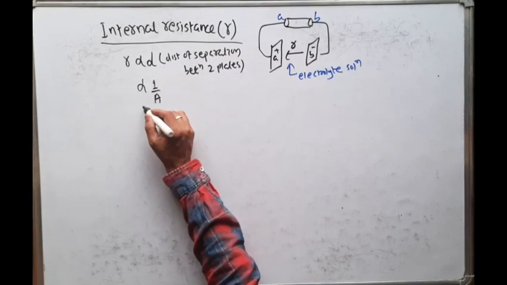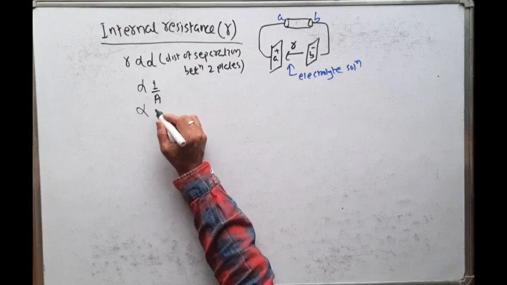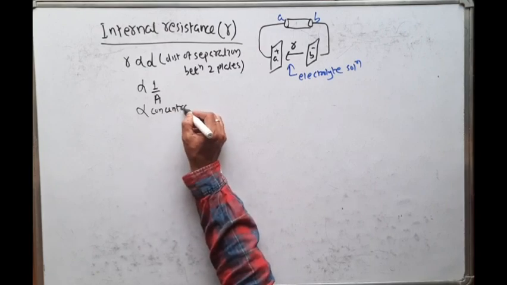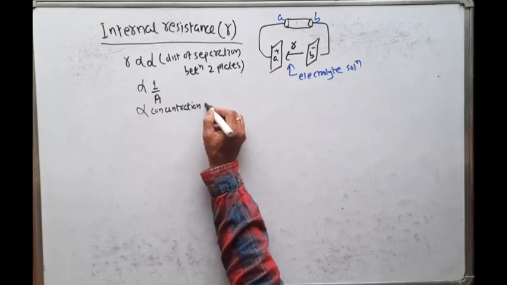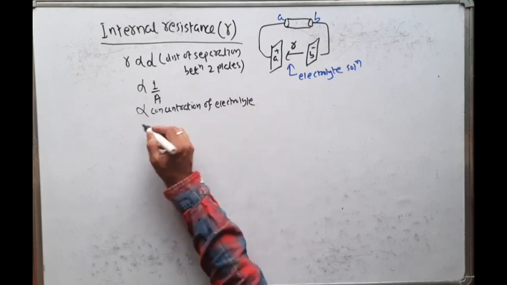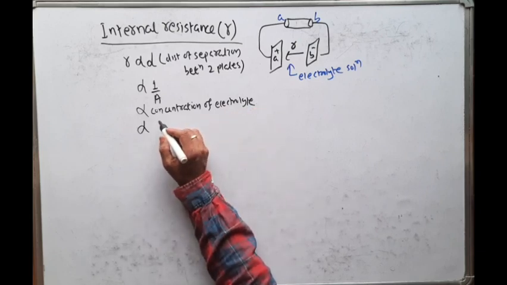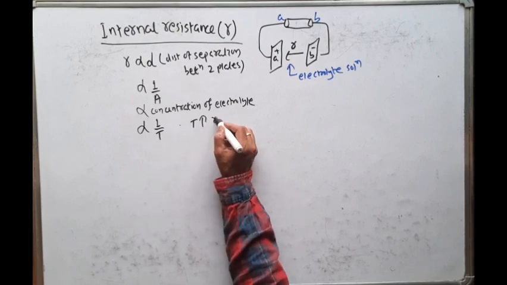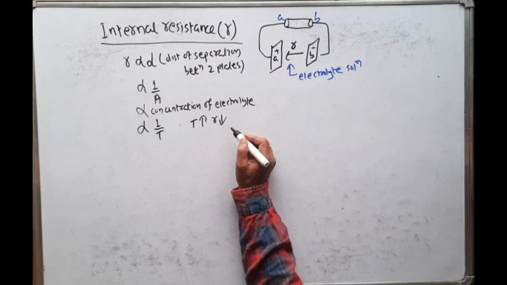Also, the internal resistance is directly proportional to the concentration of the electrolyte. And it is also inversely proportional to temperature. That means if temperature increases, internal resistance will decrease.